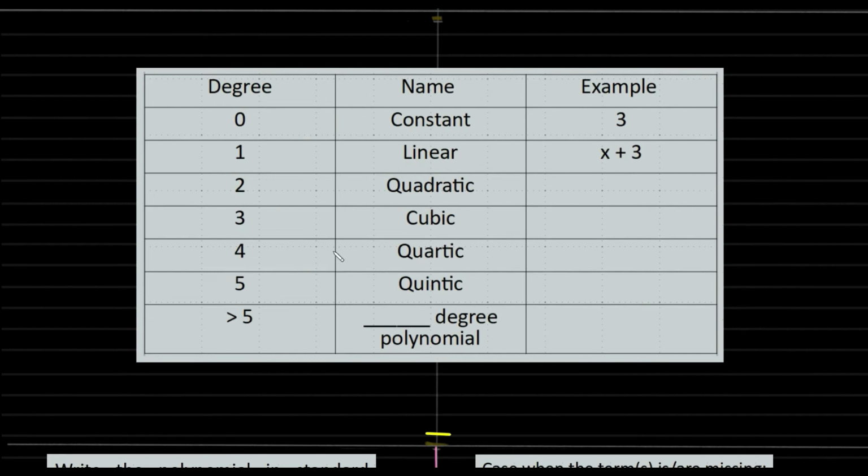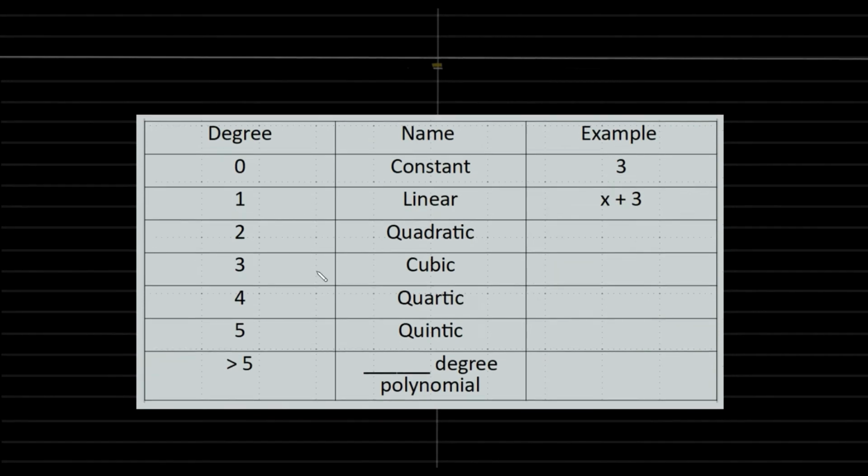Once we understand this is the degree, the next thing is naming them. An expression which has a degree 0 is called a constant. Examples: 3, 10, root of 26. All these have degree 0 and they are known as constants.